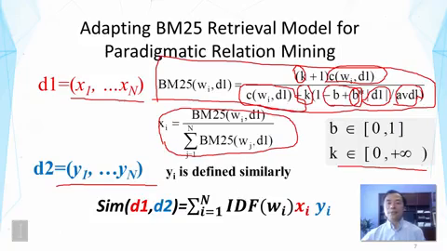Now the IDF can be added here in the scoring function. That means we'll introduce a weight for matching each term. So you may recall this sum indicates all the possible words that can overlap between the two contexts. And the xi and the yi are probabilities of picking the word from both contexts.